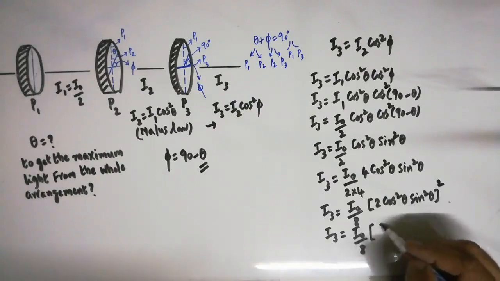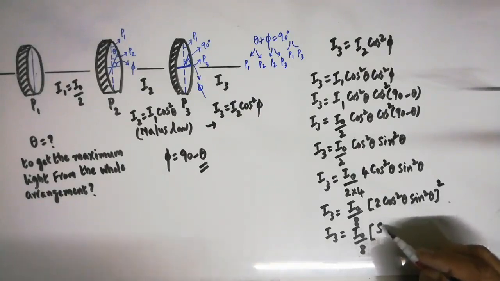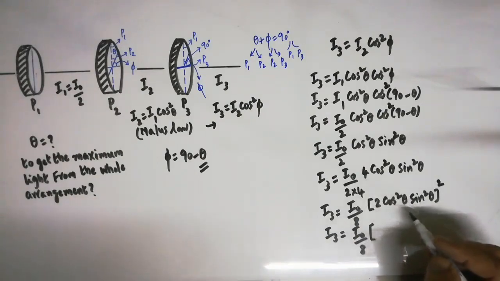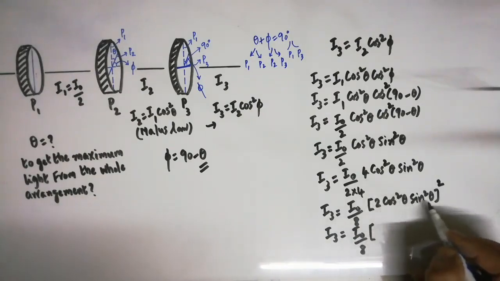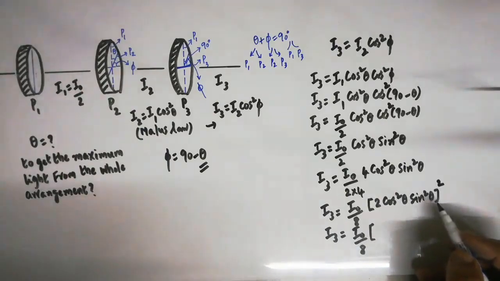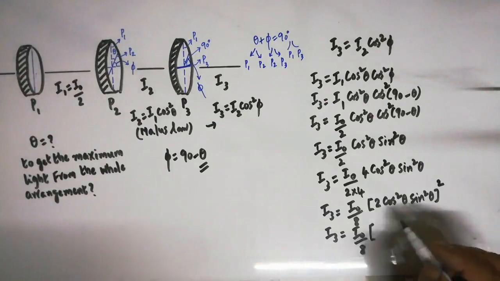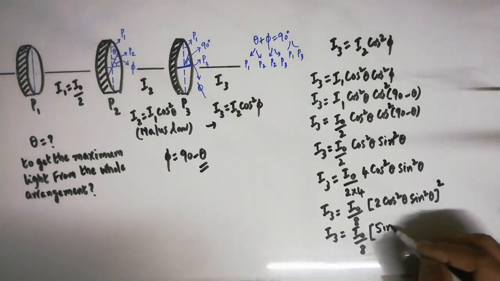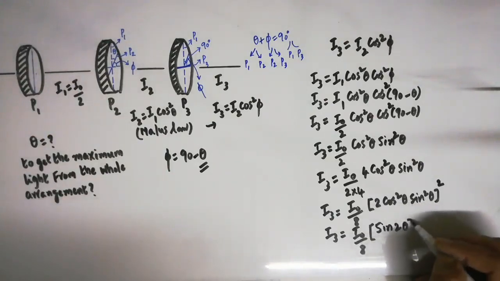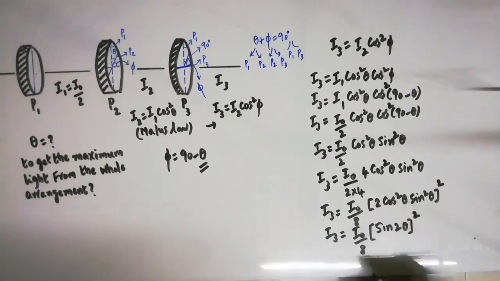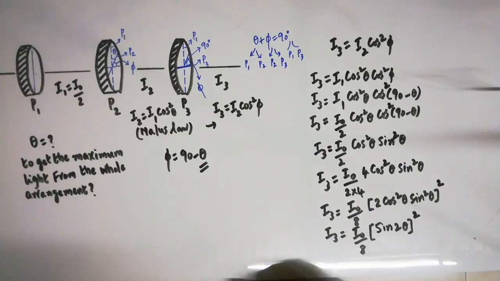How can this one be written? This one could be written as 2 cos theta sin theta, understood? This one could be written as sin 2 theta, squared.